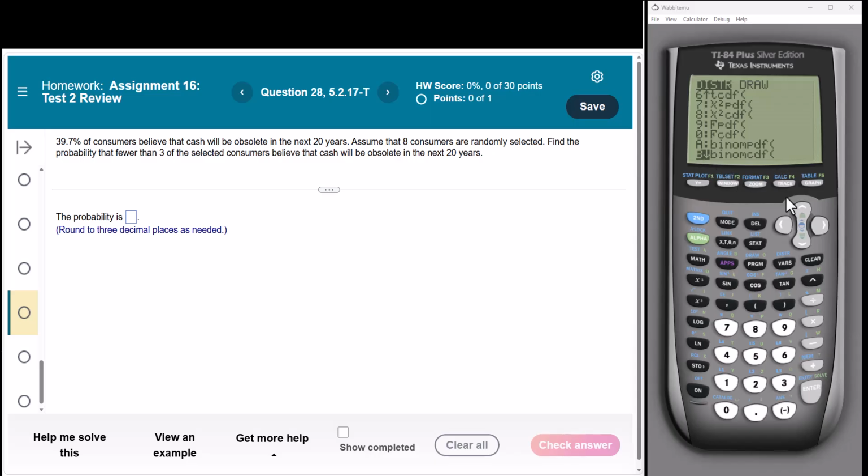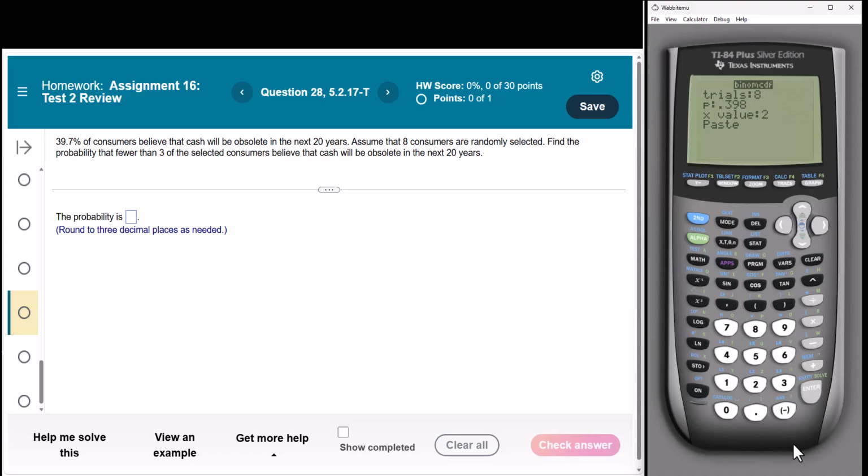So, after I scroll down and I'm on BinomCDF, I would click on Enter. And here we have the number of trials as 8. I already have it shown as 7 because I did it with a different problem. So I can just overtype it, or I can click clear first. You don't have to, you can just overtype it with 8. And then you can click enter.